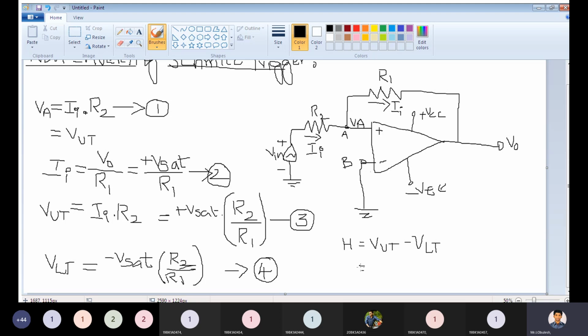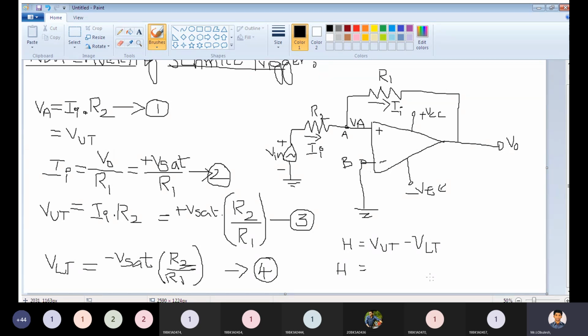Substitute those two equations, equation number 3 and 4, in this hysteresis equation. Tell me, what is the hysteresis H value?